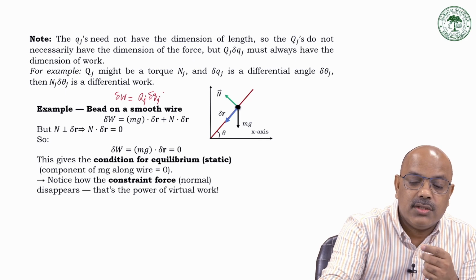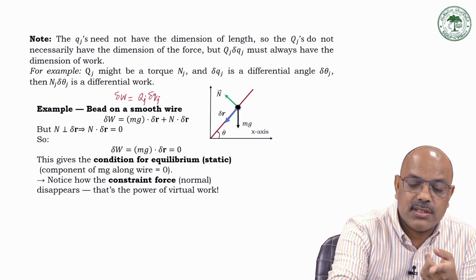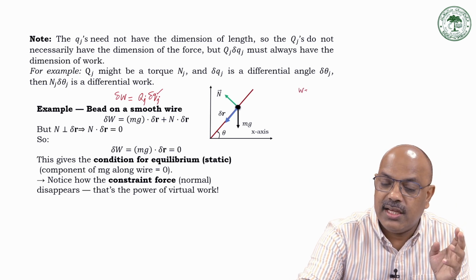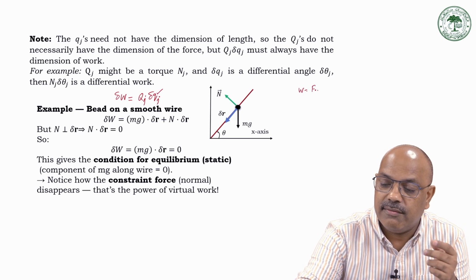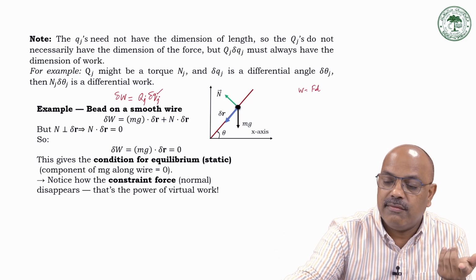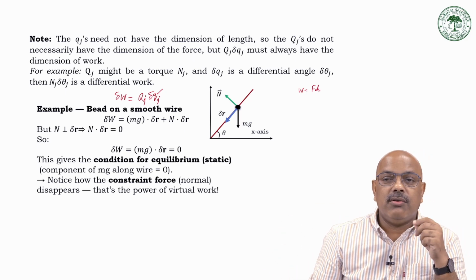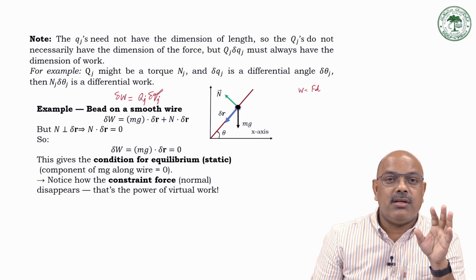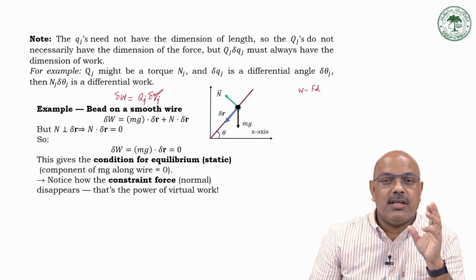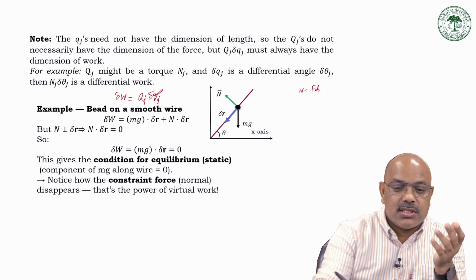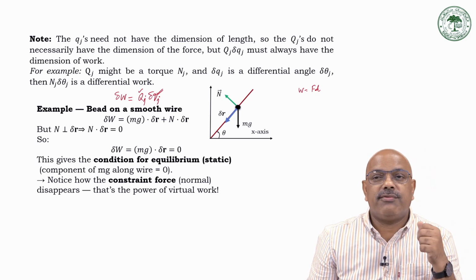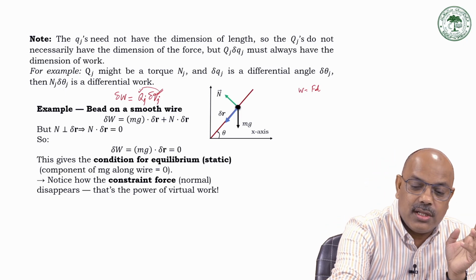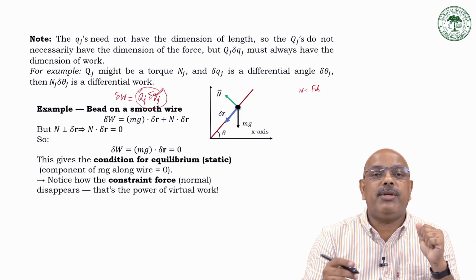Qj need not have the dimension of force, and delta Qj need not have the dimension of length, because work done is defined as F dot ds. So the capital Q, the generalized force, does not necessarily have the dimension of force, but the product altogether always has the dimension of work.